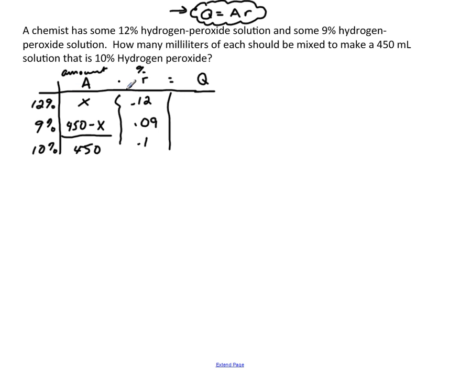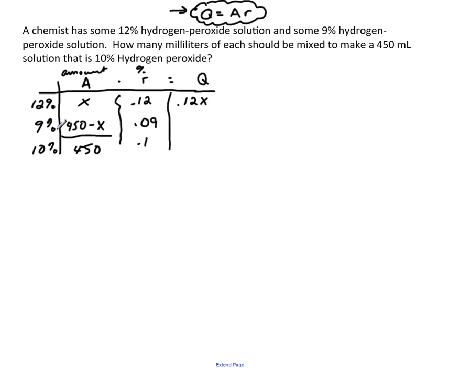In our table, we use this formula to help us organize what we know, and we're going to have X milliliters of our 12% solution times the percentage of hydrogen peroxide, and that's going to give us 0.12 times X milliliters of hydrogen peroxide, the actual amount of hydrogen peroxide in the solution.